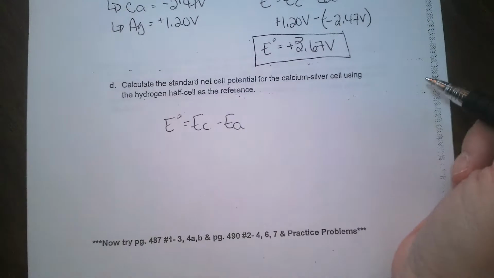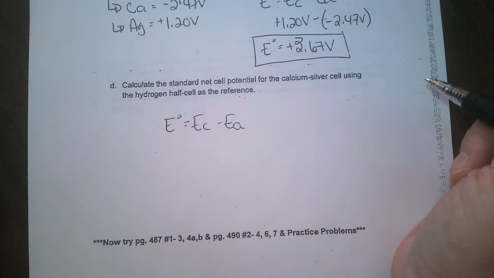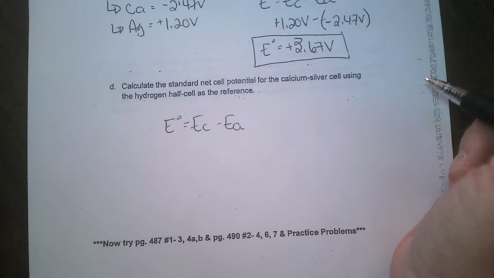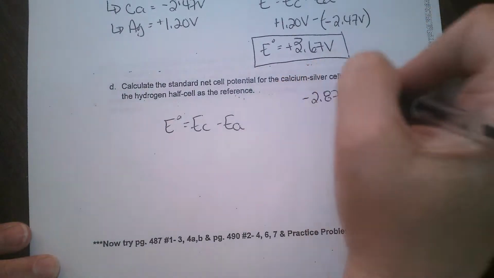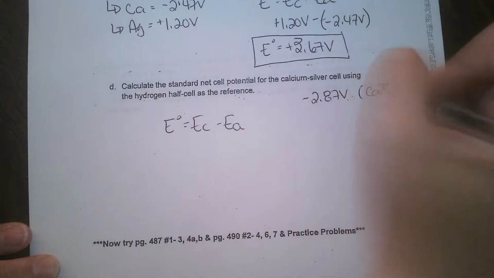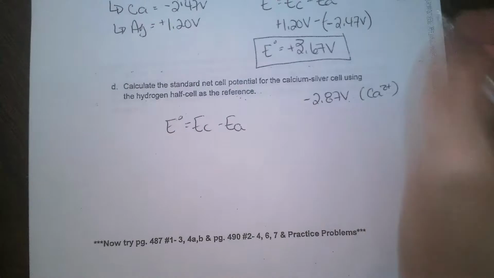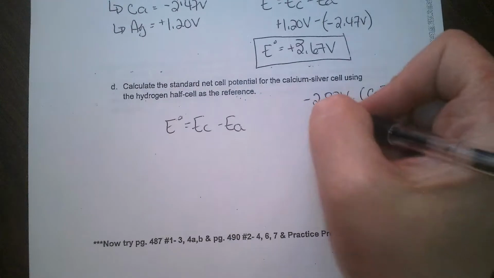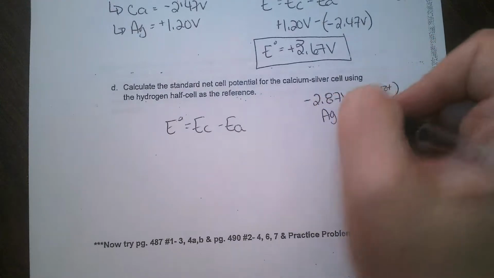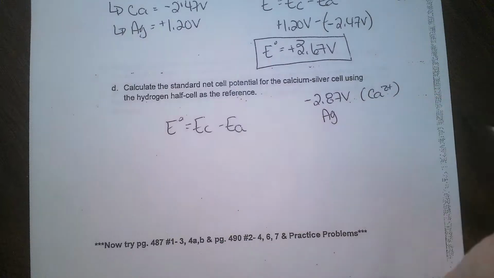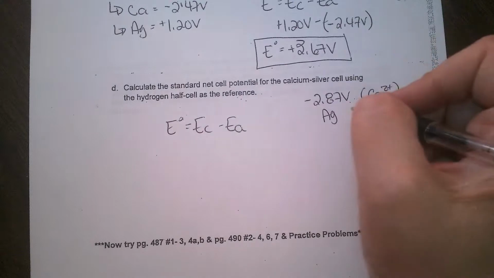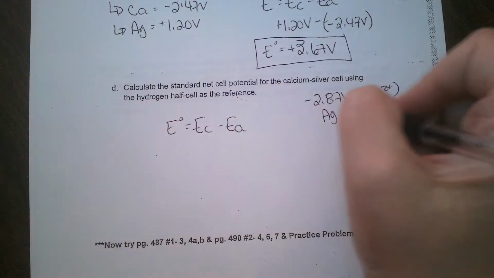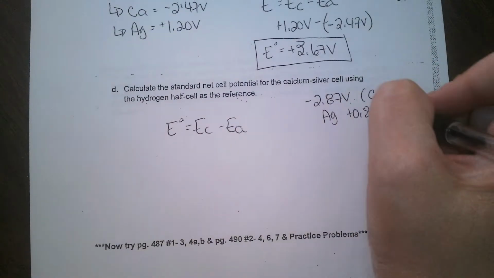And we know that calcium is going to be negative 2.87 volts. And silver is going to be plus 0.80 volts, correct?